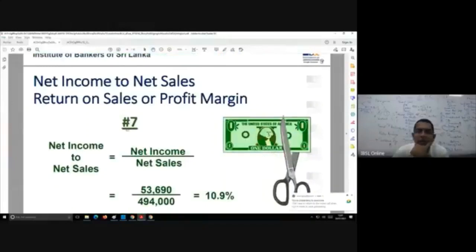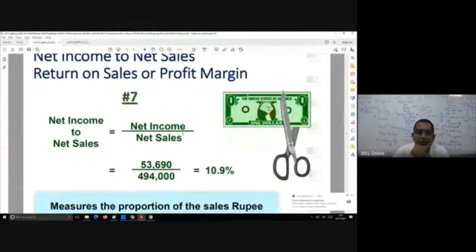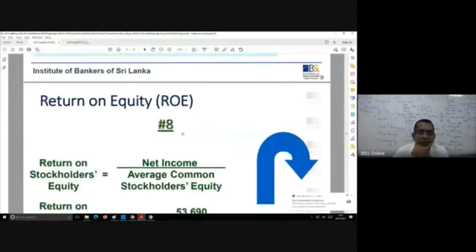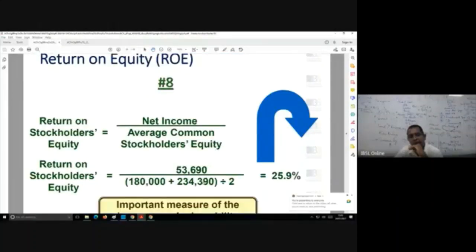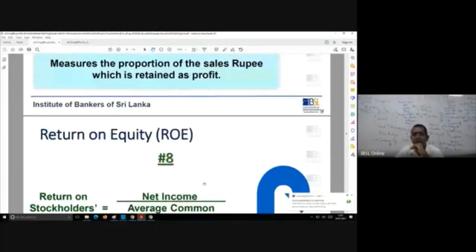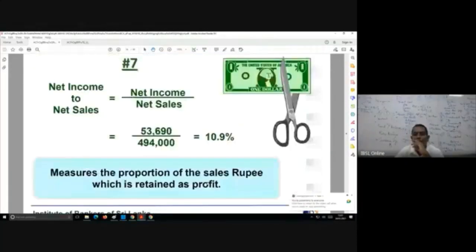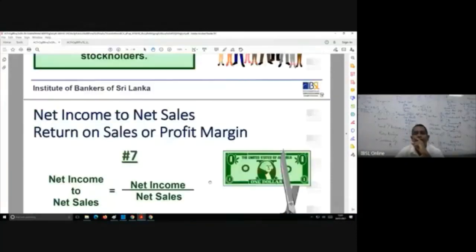These are income statement ratios. Then return on equity, ROE, is net income divided by average common stockholders' equity. This is the average one, right? Net income.